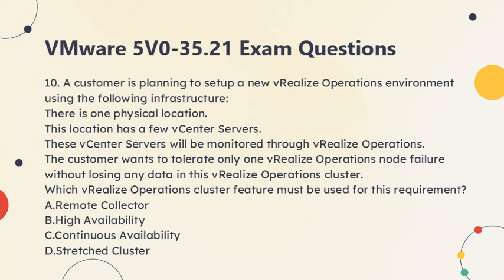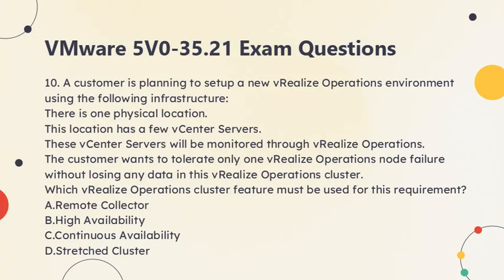10. A customer is planning to set up a new vRealize Operations environment using the following infrastructure. There is one physical location. This location has a few vCenter servers. These vCenter servers will be monitored through vRealize Operations.